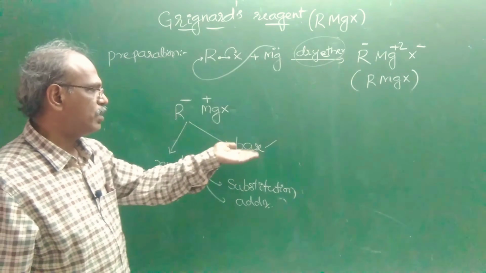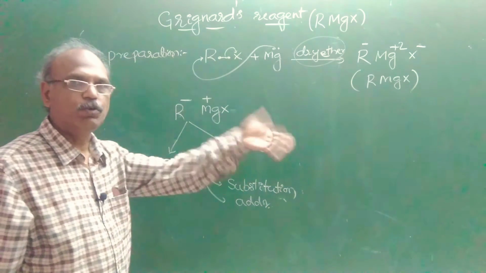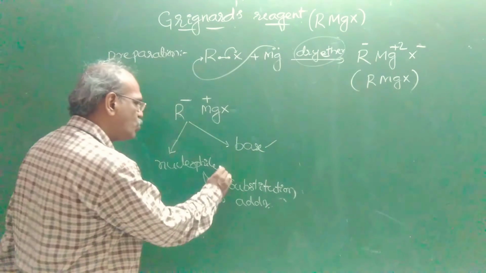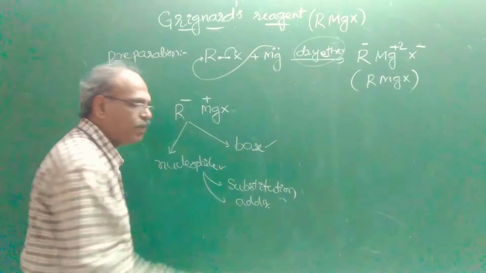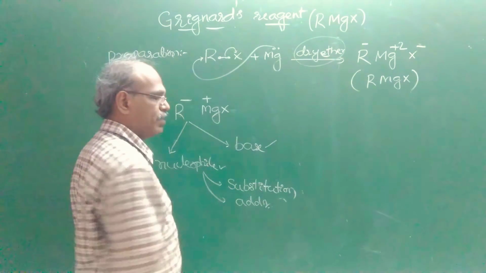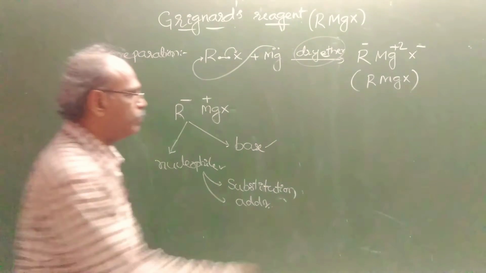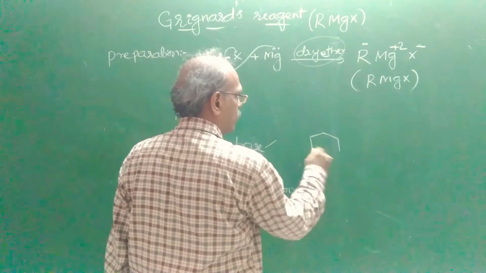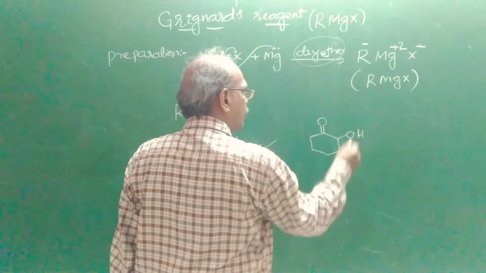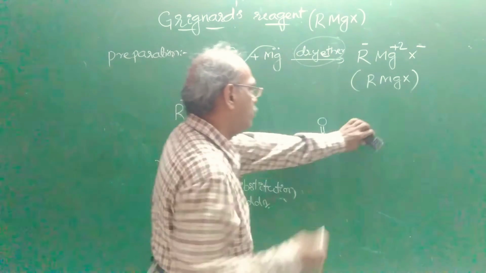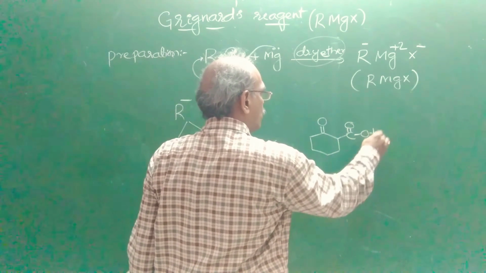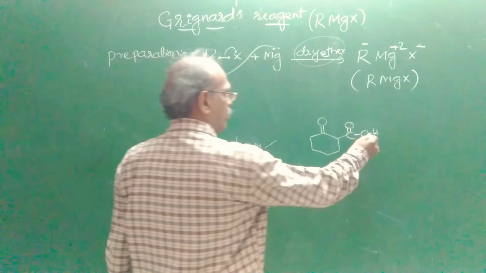Base means it reacts with acidic groups or acidic substances. Between these two, priority will be given to which one? Suppose a reactant has both, for example, C double bond O and OH. Our best example to understand this concept is COOH, a carboxylic acid.